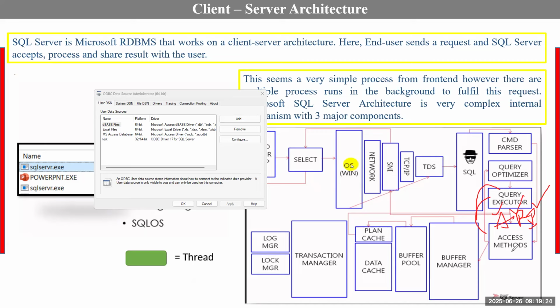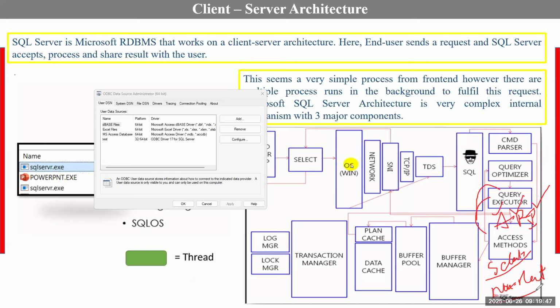Now, we are splitting it into two, sir. One is select, one is non-select. Non-select means you are not reading the data, you are loading the data. Insert, update, delete, drop, truncate, create, alter.